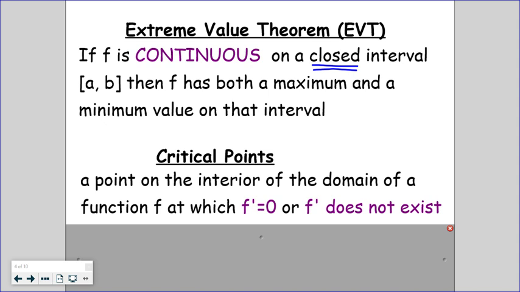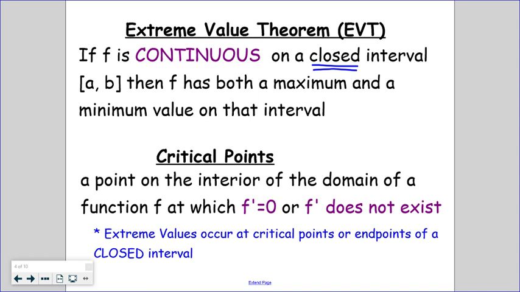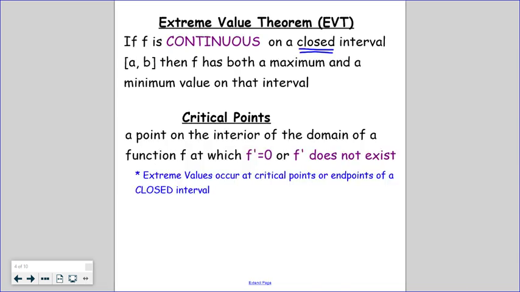So what we're going to do on each problem when they ask us to find these extrema is make up a list of the critical points, but then also the endpoints of our interval. So I'm going to reword that last thing. It says extreme values occur at critical points or endpoints of a closed interval.